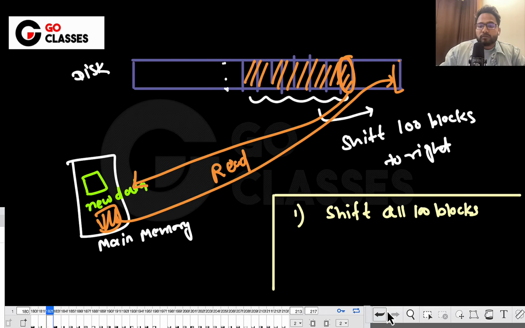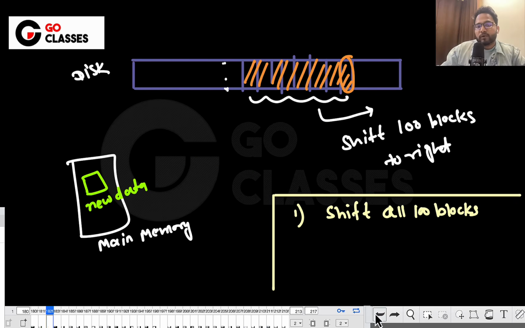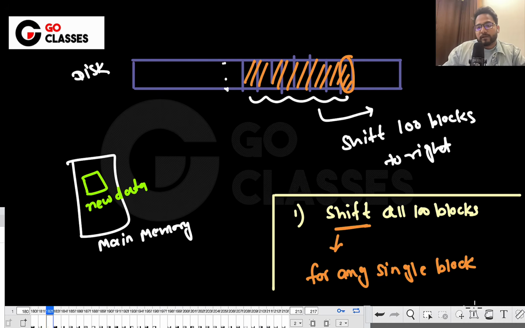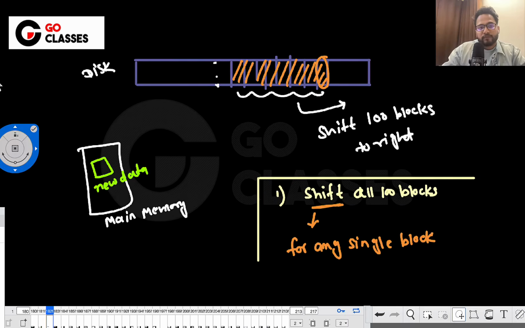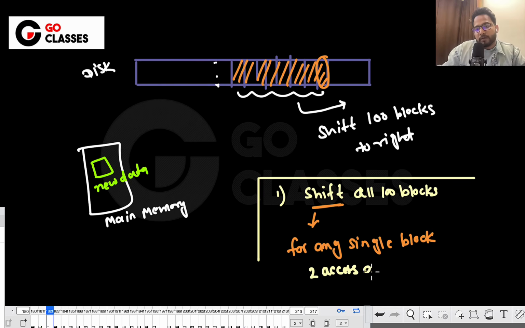So the thing here is that you first have to load this in the main memory, which is called read, and then you have to write it, right? For shifting any single block, it takes two accesses.